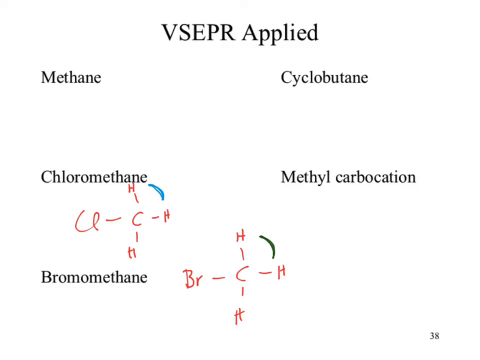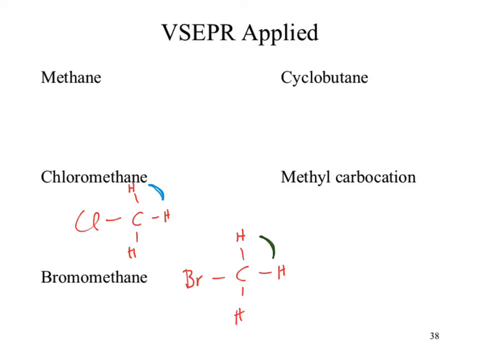Which one is bigger? Blue because bromine is... Has nothing to do with electronegativity. It's bigger. Bromine is bigger. Yes, I agree with that statement. Pushes more on the... Yeah, it pushes the hydrogen.